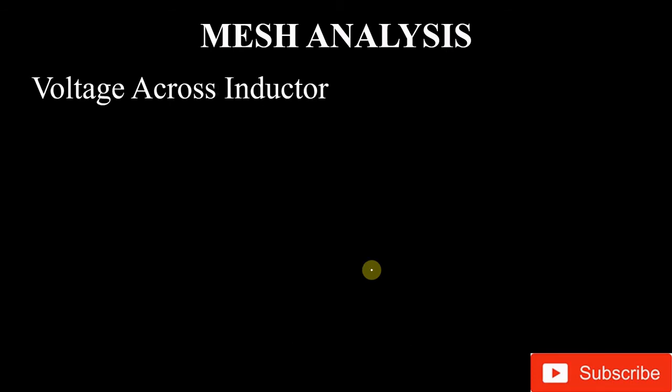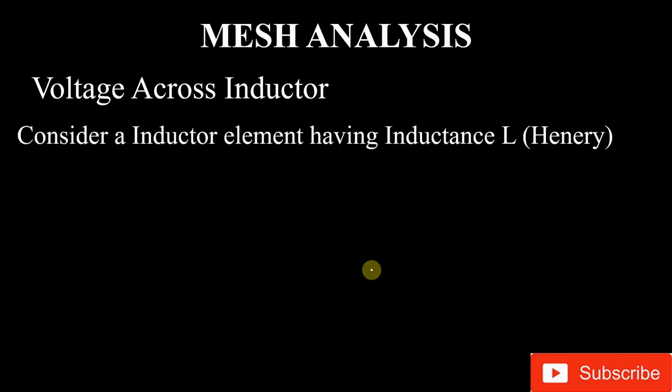Now second, we will find the voltage across an inductor. For that I am considering an inductor element having inductance L, and inductance is measured in Henry. Henry is the unit of inductance, represented by H. An inductor is nothing but a coil. The symbol is L, the unit is Henry.